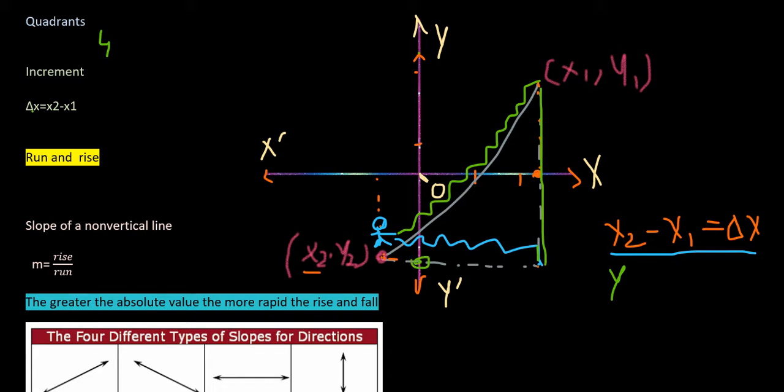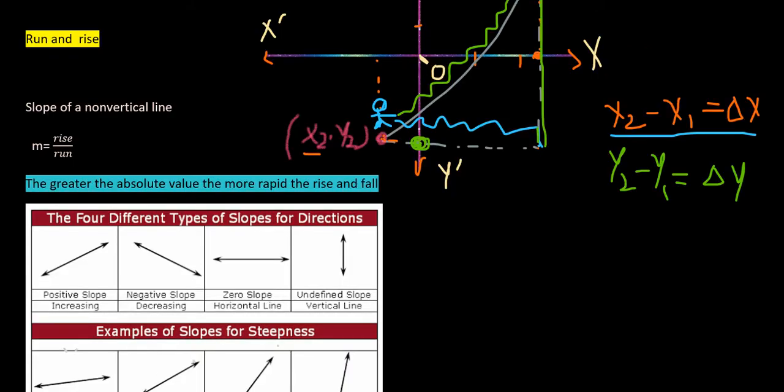And here lies our x2 and here lies our y1. In this form, y2 minus y1 will give our delta y, that is our rise. The man moves upward from y1 to y2, and that is an increment over the y-axis.